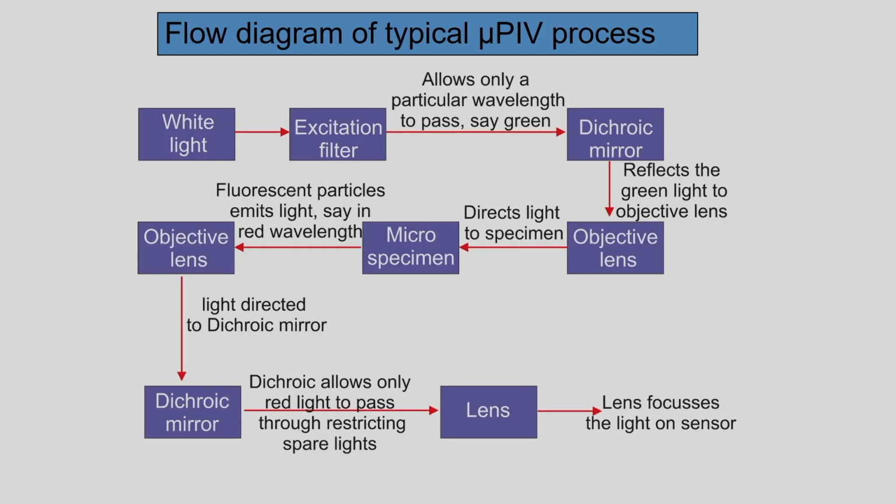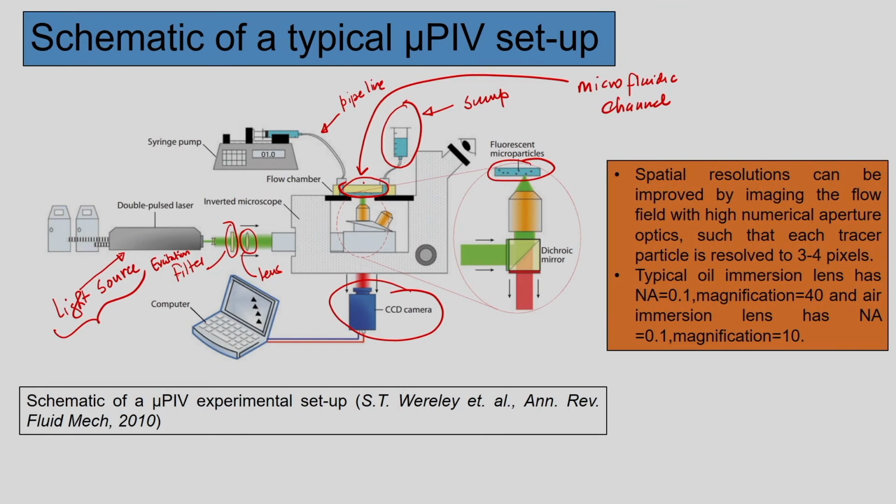Then after that the light is taken to the dichroic mirror. As I said, the dichroic mirror has two different objectives. First, if we come to this slide, the green light falling on the dichroic mirror will be reflected by the dichroic mirror to the objective lens. This is our objective lens.